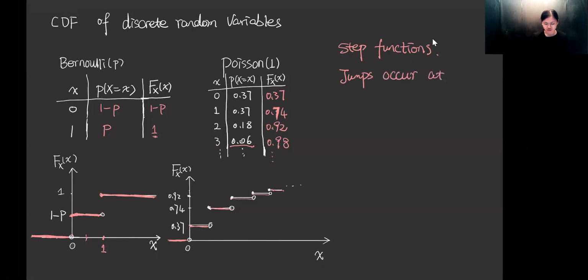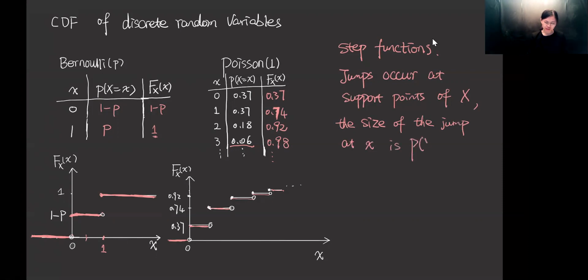Jumps occur at support points of the random variable, and the size of the jump at a support point little x is equal to the probability that X equals little x. So these are the features of the CDF for discrete random variables.